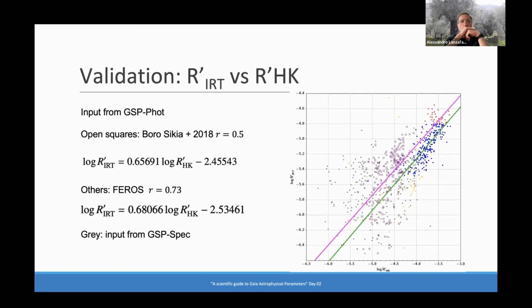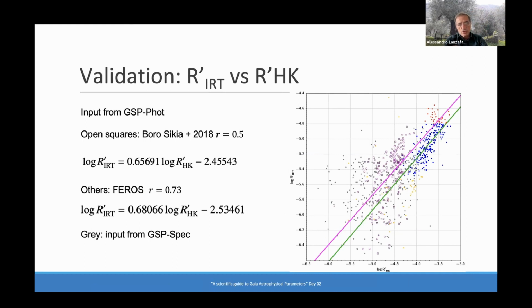We can compare with the extensive catalog of R'HK, so the same index but computed using ground-based data in the HK ultraviolet line of calcium. And for this, we used essentially two sources.